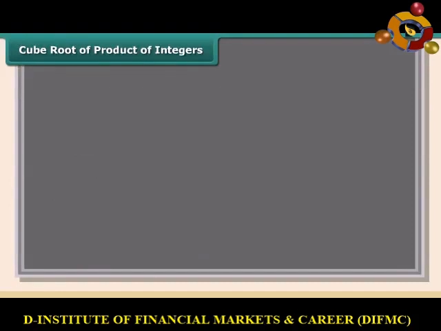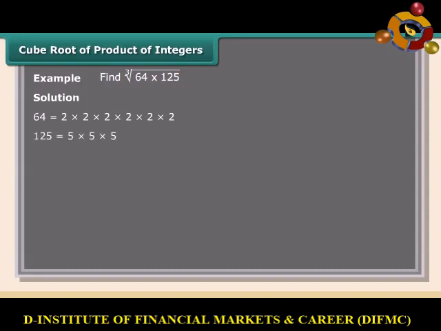Cube root of product of integers. Example: find cube root of 64 × 125. Solution: 64 is equal to 2 × 2 × 2 × 2 × 2 × 2. 125 is equal to 5 × 5 × 5.